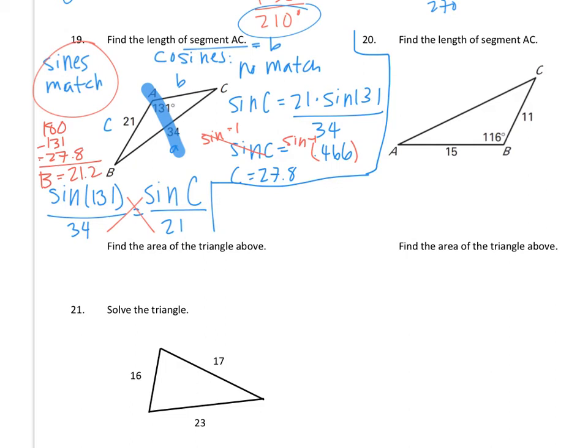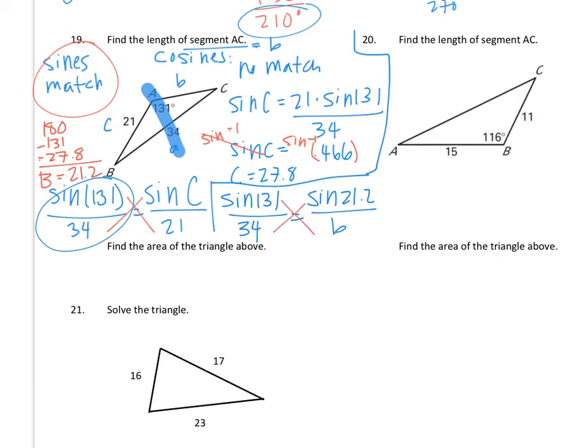So that's what I'm going to use for my next law of sines fractions. So sine 131 over 34. That is exactly the same as this fraction here that we started with. Now my new angle, sine 21.2 over lowercase b.